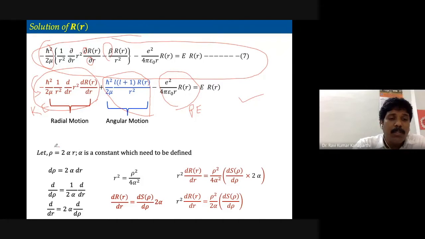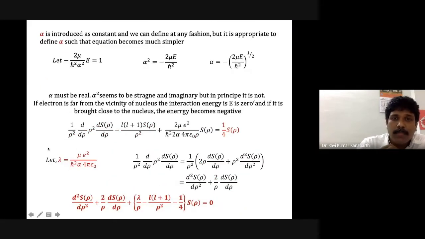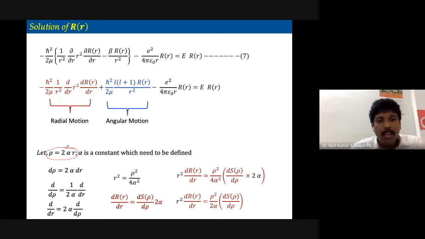Let us make one small substitution: rho is equal to 2 times alpha times r. Here alpha is a constant which I'm introducing, and its value has to be defined. We'll do that as we proceed further.